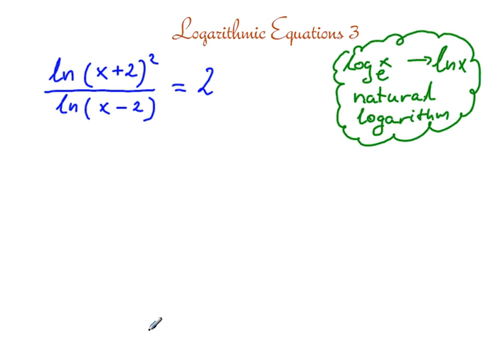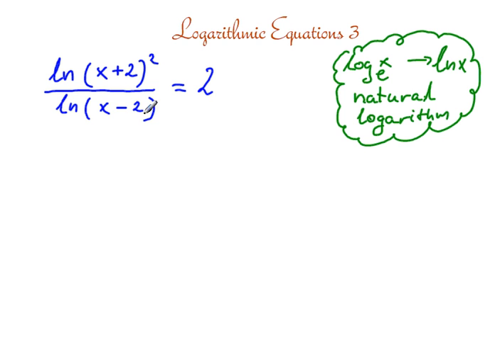So let's attempt to solve this equation right here. First thing, you should realize that I have a rational expression: part A divided by part B, and this is equal to part C. Whenever you come across a rational expression, usually we try to eliminate the denominator, and this can be obtained by multiplying both sides by ln x minus 2.